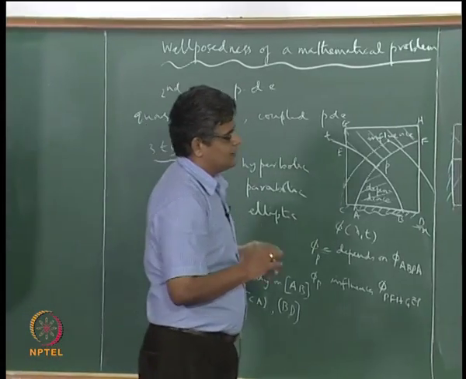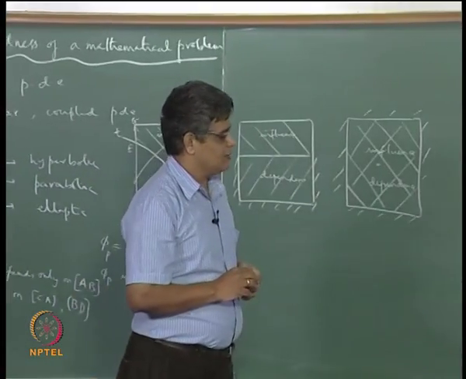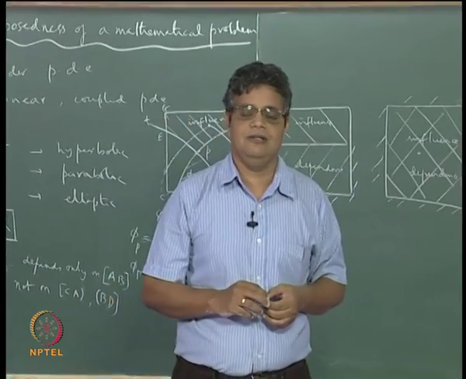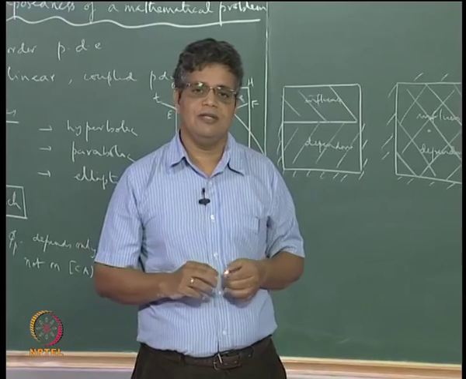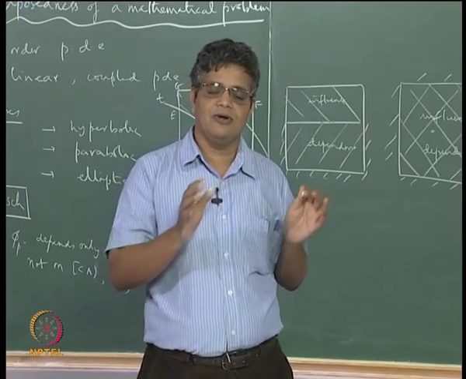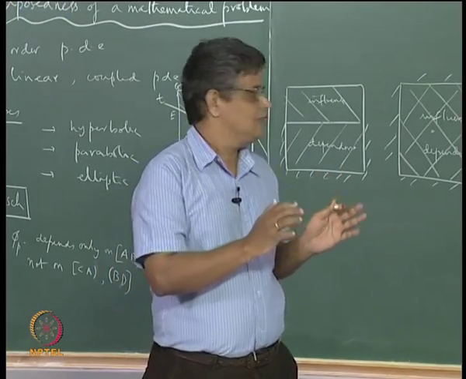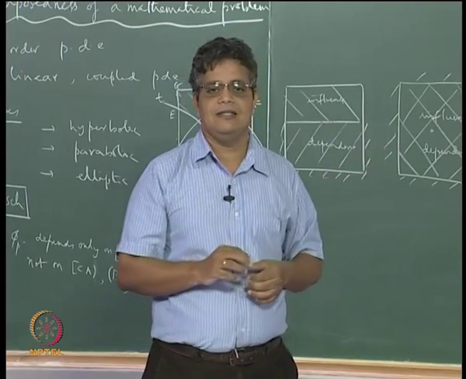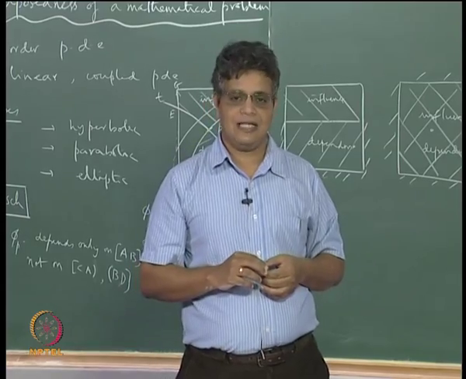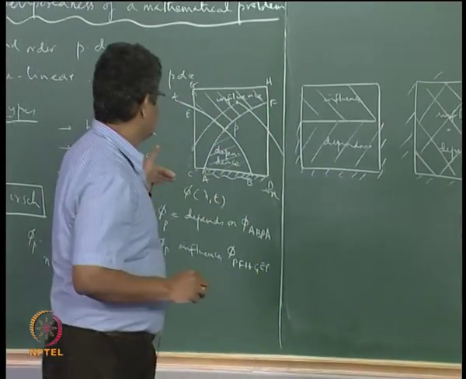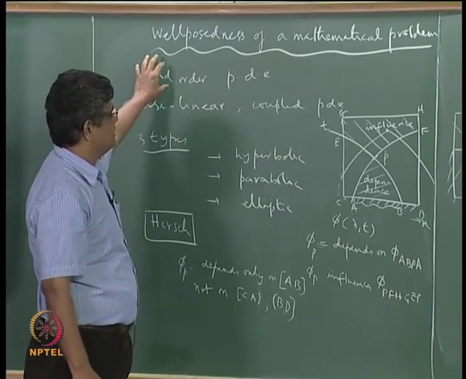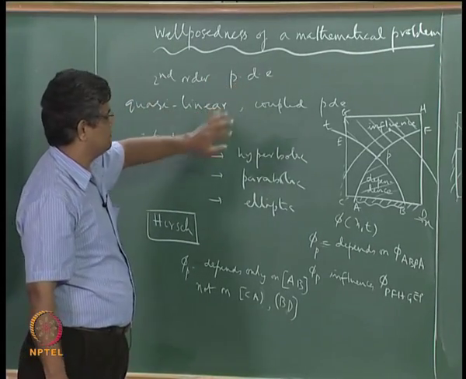Okay, so this is something that we have to keep in mind when we consider the solution of the mathematical problem, and the mathematical problem consists of the equations like the partial differential equations that we have, as well as the boundary conditions and initial conditions as appropriate. We must keep in mind that this is what we have for a quasi-linear second order partial differential equation.